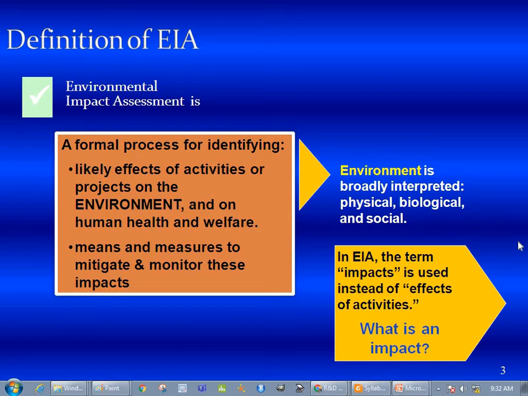For example, if mining is taking place, the physical impacts will be on the groundwater: the leaching, the drainage water of the mines leaching into the groundwater and polluting it, and all such things. Those are the physical impacts on the environment. Biological impacts will affect many flora and fauna.